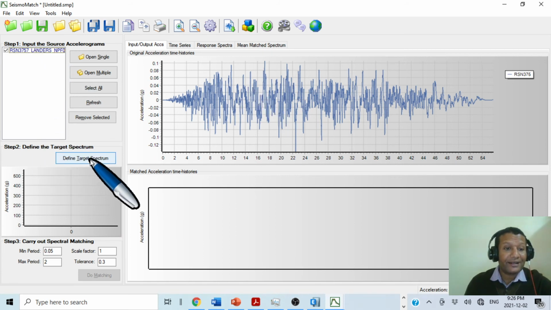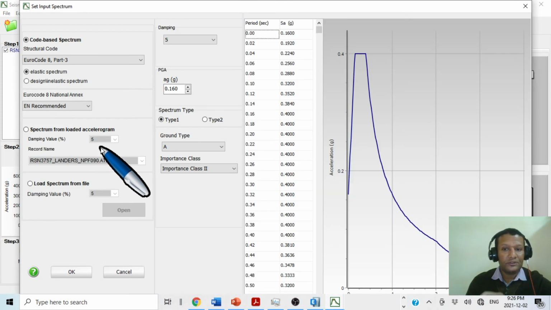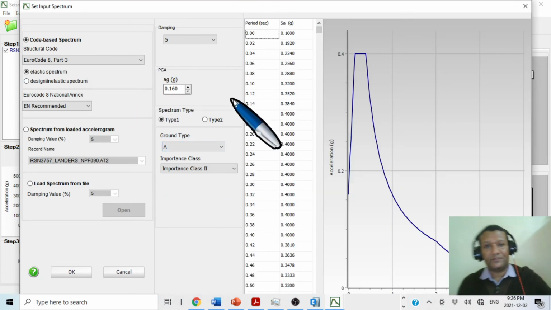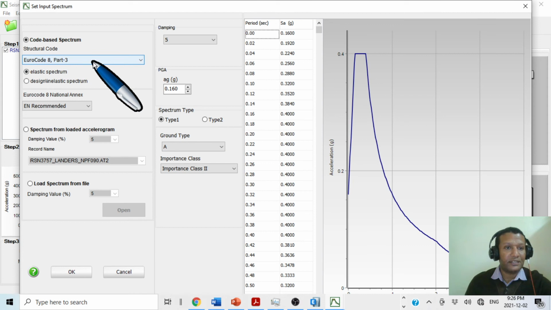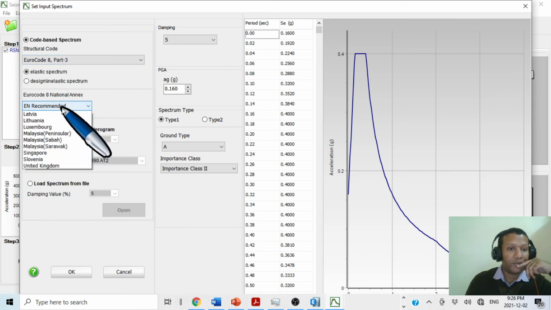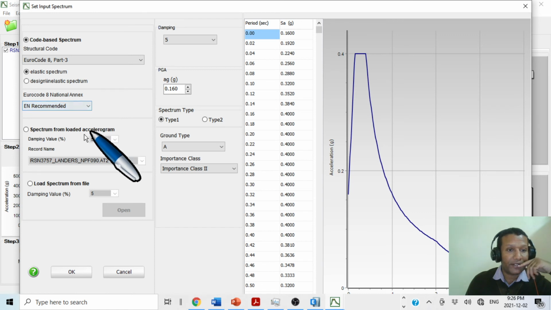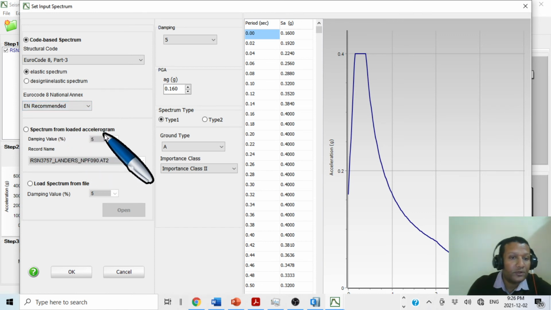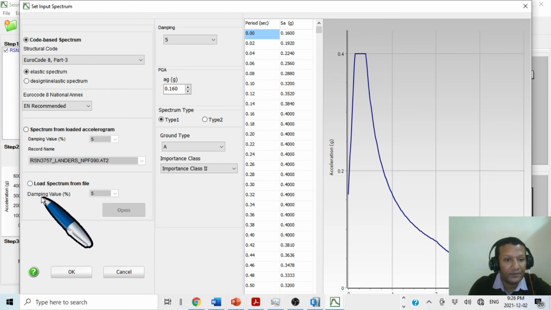Now we have to define our target spectra. So directly we can select from the code. For example, for me, as I told you, Eurocode is the adopted code, so we can use that one, or European norm, EN recommended. Damping you can always put 5%.